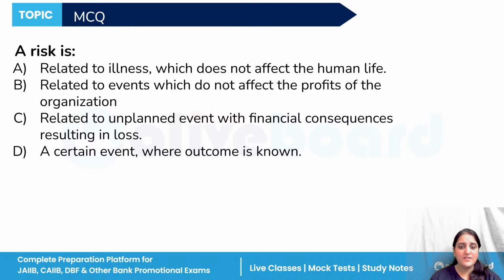A certain event whose outcome is known, that is risk. Risks are always uncertain, na? So the correct answer is option C, because risk refers to the possibility of an unplanned event that can occur and could lead to financial loss or also some negative consequences. So the correct answer is C here.